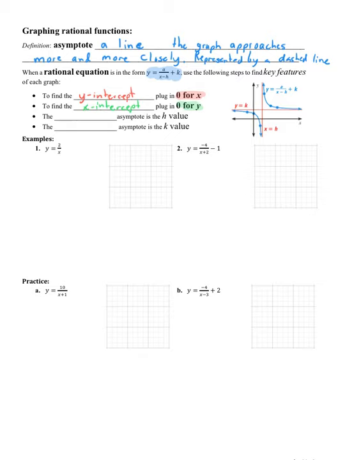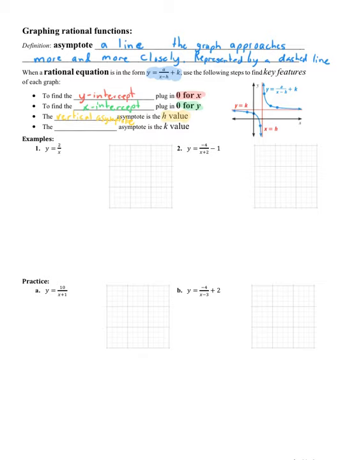We want to find the vertical asymptote, and the vertical asymptote is the h value. Whatever the h value is going to be our vertical asymptote.